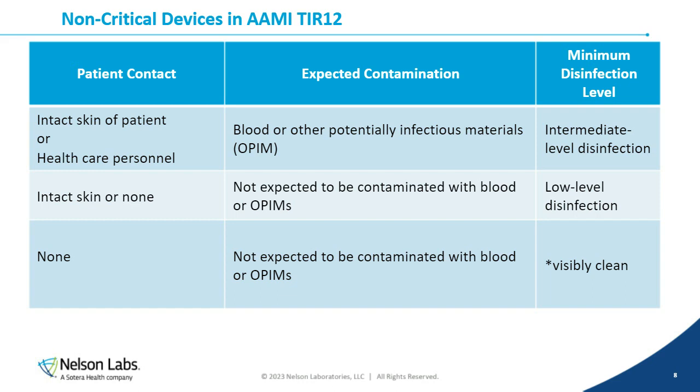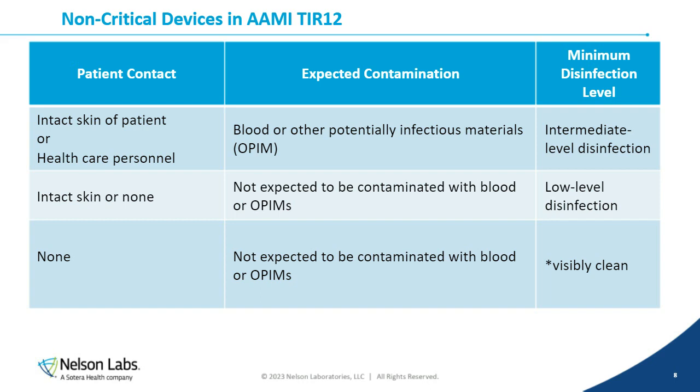So if your device is going to be patient contacting or maybe contact healthcare personnel, and the likely contamination will be blood or maybe other potentially infectious materials or other bodily fluids, then your minimum disinfection level should be intermediate level disinfection.